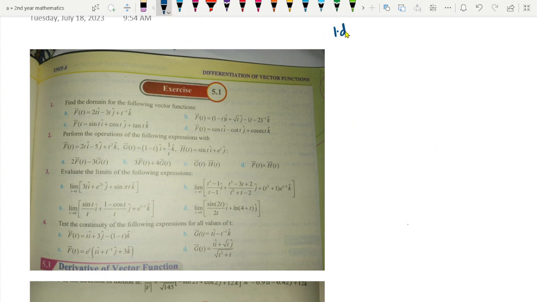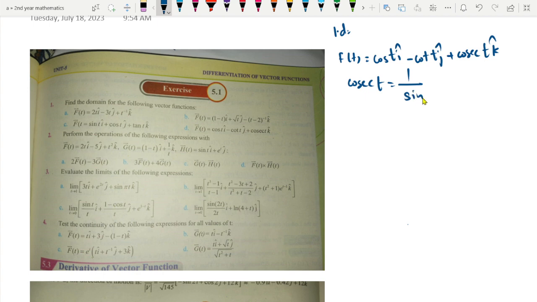Question number 1, part D. So this is f of t. F of t is equal to cos of t I minus cot of t j plus cosecant t k. Cot and cosecant: we know that cosecant t is equal to 1 divided by sine of t, and we know that when sine of t is equal to 0, then this will become undefined.